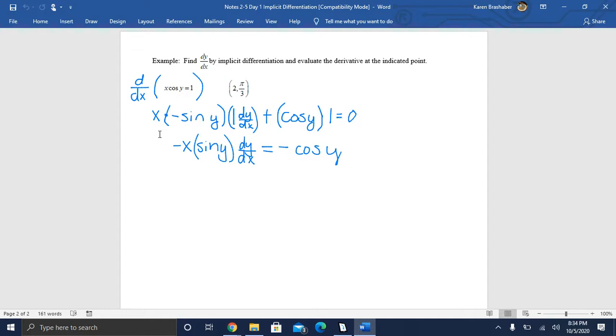And then we'll divide both sides by the negative x sine of y to get our dy dx equals, and then we have negative divided by negative, so that's going to be a positive cosine of y over x times the sine of y.